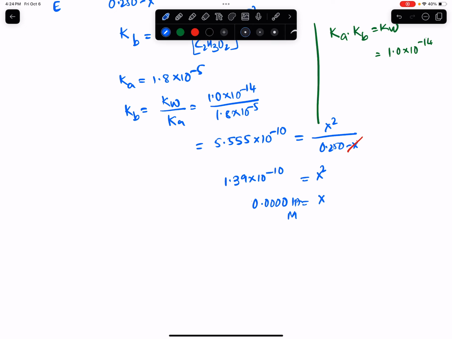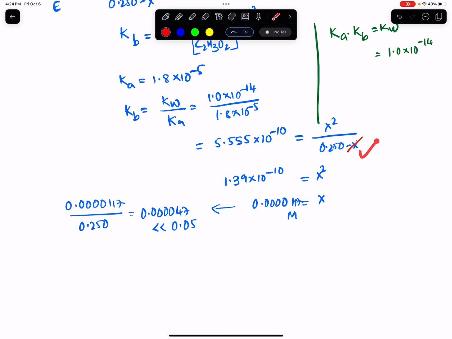If you take that and divide it by the number it's subtracted from, 0.0000117 divided by 0.250, you will get 0.000047, which is much less than 0.05. Therefore, this approximation is valid, so we will continue with this number.